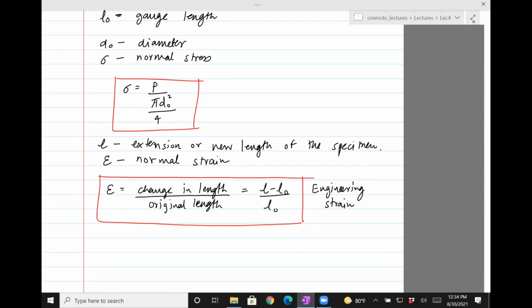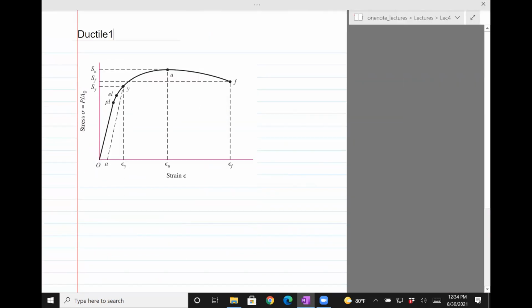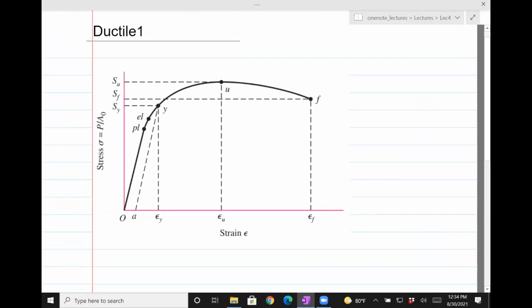Okay, so when you start stretching that material with force P, depending on the nature of the material, you will see one of the two plots I'm going to show. This is the first type of plot, where the black solid line denotes how the length changes as a function of the given stress.